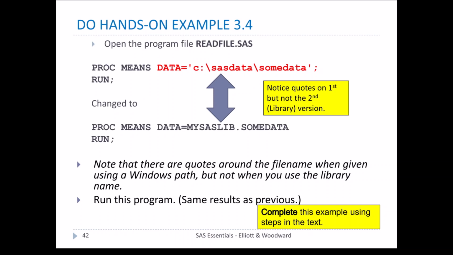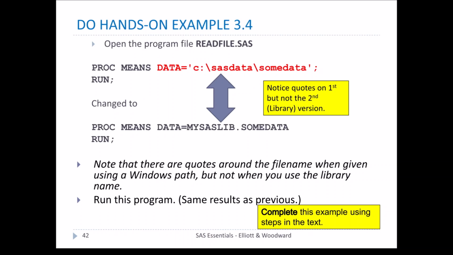When you're referring to the data that's in Windows by specifying a folder name, it's in quotes. You can use single quotes or double quotes, it doesn't matter, as shown here. Or if we use the SAS library name, mysaslib.somedata, notice it is not in quotes.